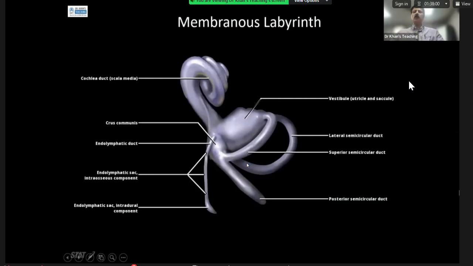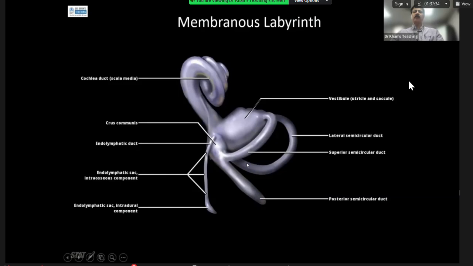So I'm not at all going to go into the details of internal ear, which is beyond our curriculum. But please remember that internal ear has got an exoskeleton, which is bony. We call it the bony labyrinth. And inside is fluid containing structure, which is known as membranous labyrinth.